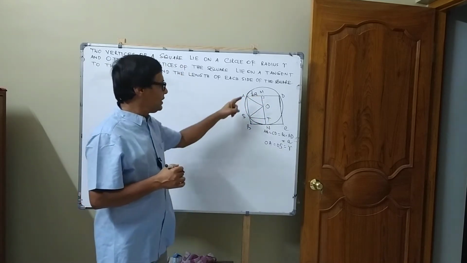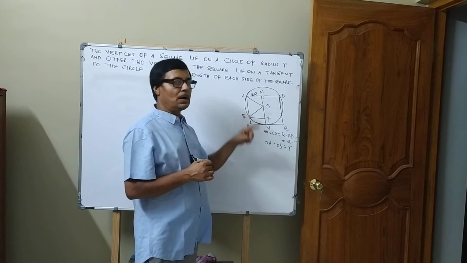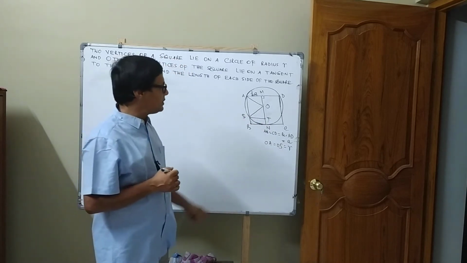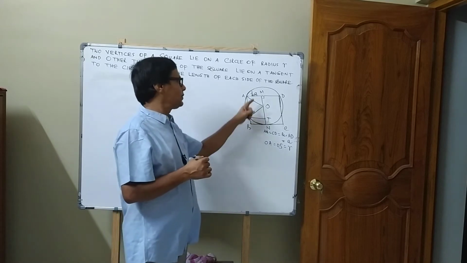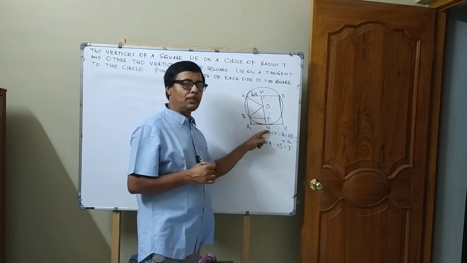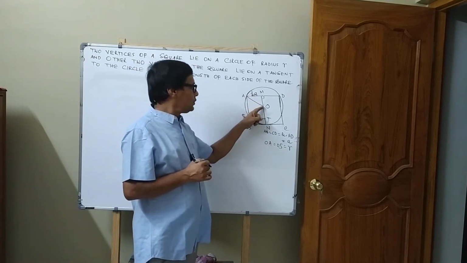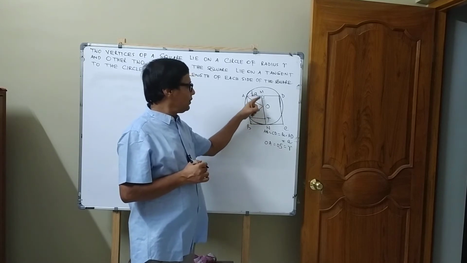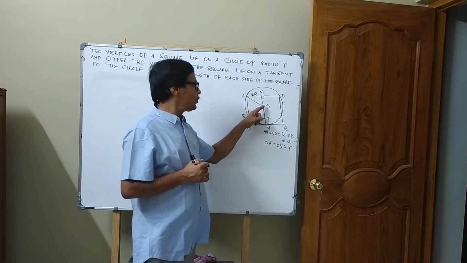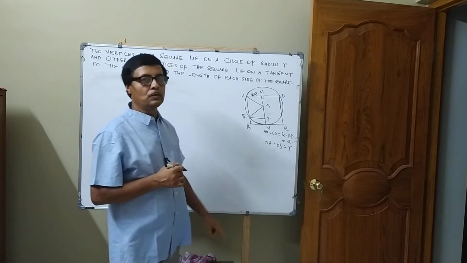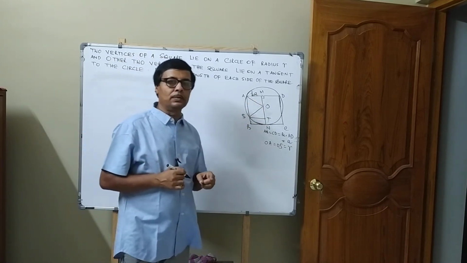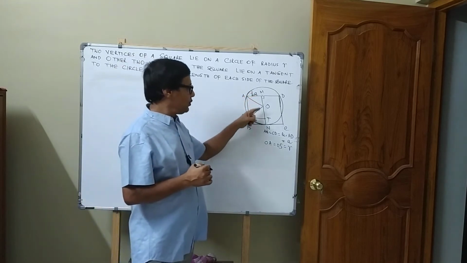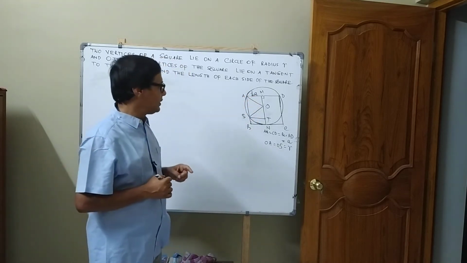because they are drawn from the same point to two parallel lines AD and BC, which are opposite sides of the square, so they are parallel. So the two perpendiculars OM and ON lie on the same line, that is, MON is a straight line.